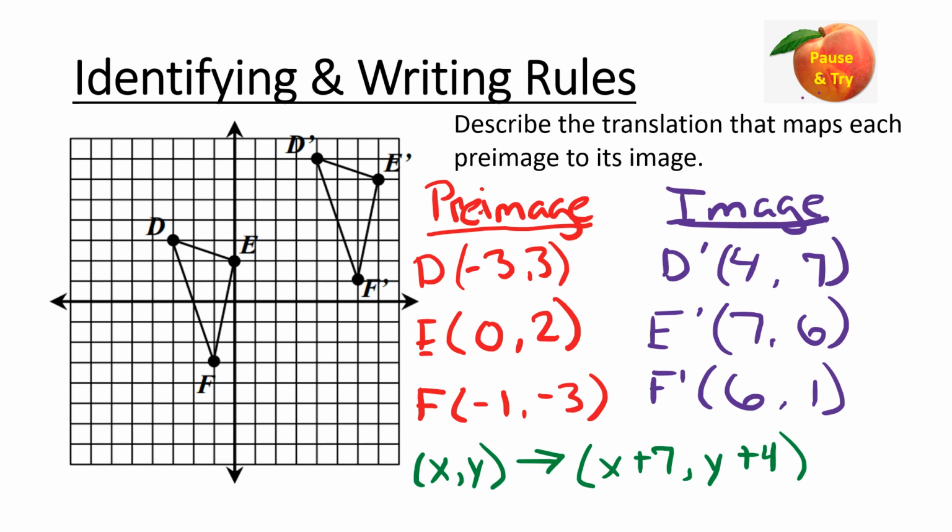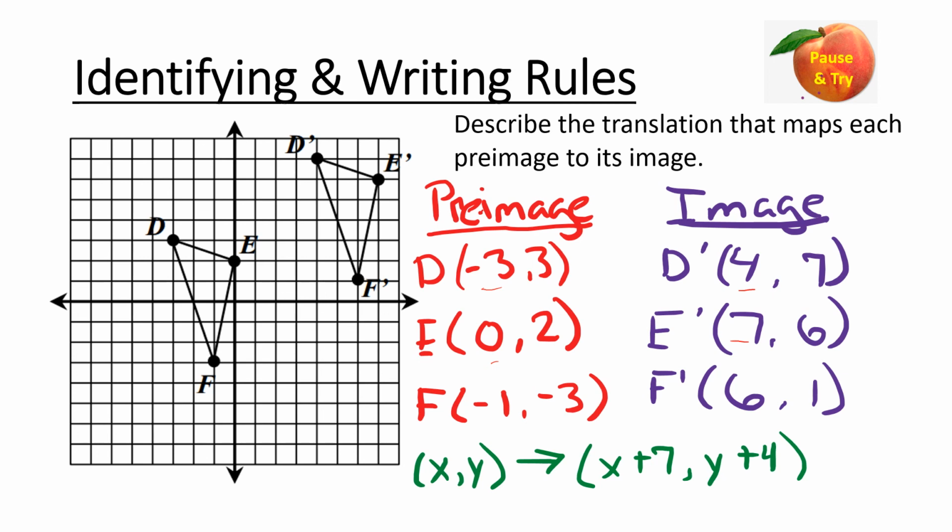All right, so we have the answers here. I did all of the ordered pairs for each one, for the pre-image and the image. As you can see here, from -3 to 4, that increases by 7. 0 to 7, that increases by 7.